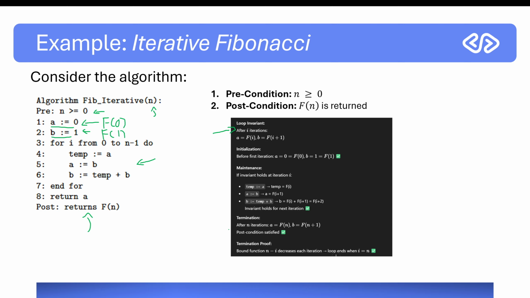And then we can easily prove termination through this bound function. The bound function is n minus I, which we can get from here.